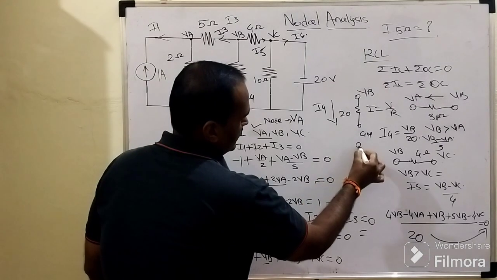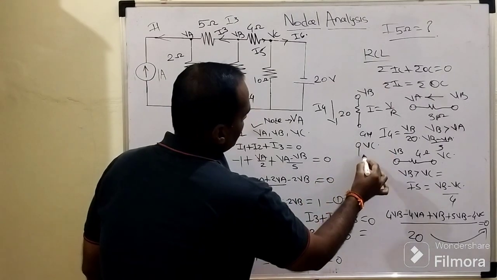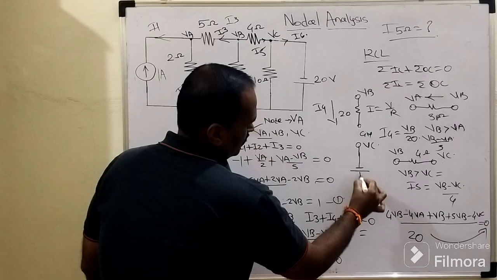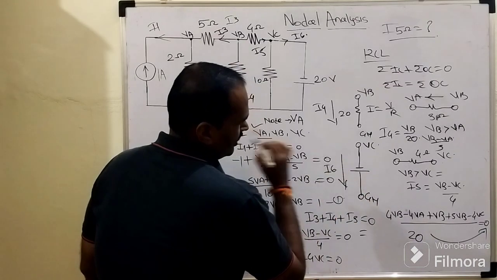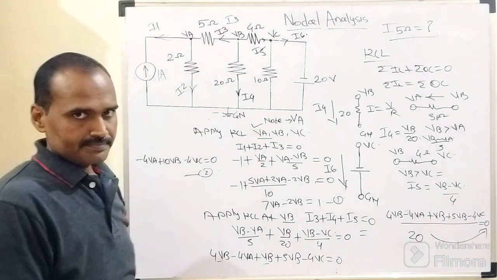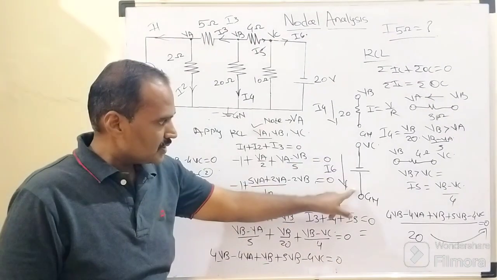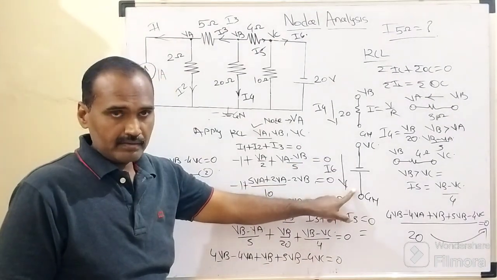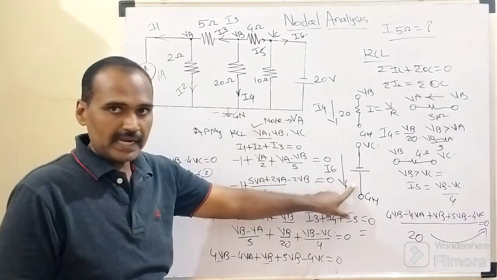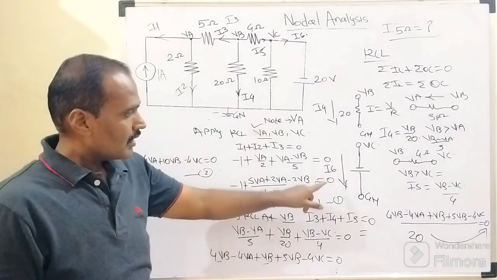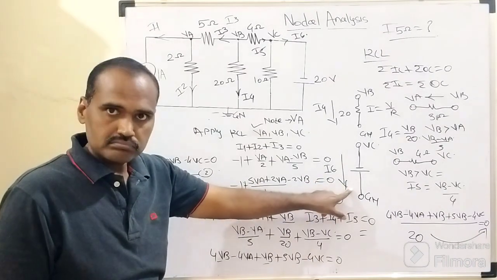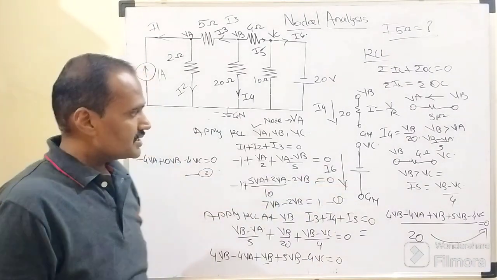If this is I5 and this is I6, how is I6 connected? This is VC, this is the 20 volt battery, and this is the ground node, and the current flowing through this branch is I6. Now as we don't have any resistive element associated with this branch, where I equals V by R, we cannot use it.